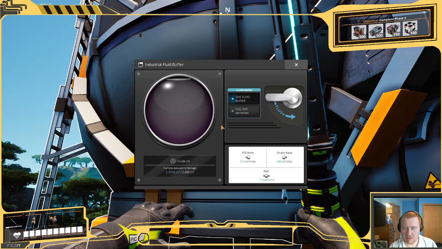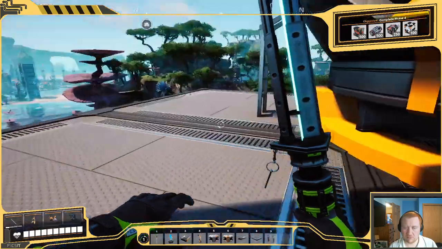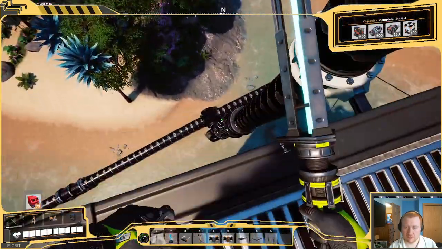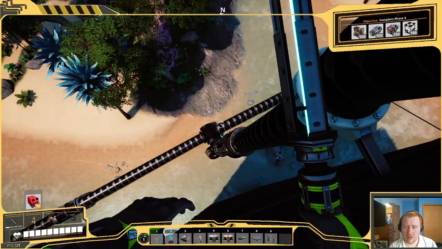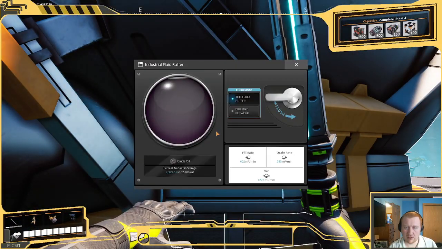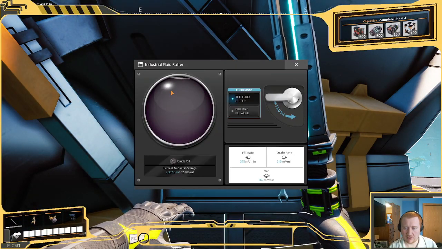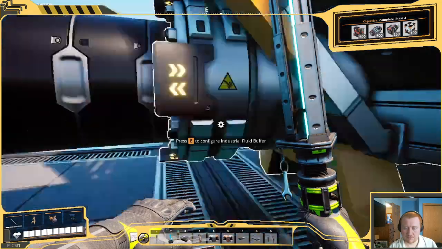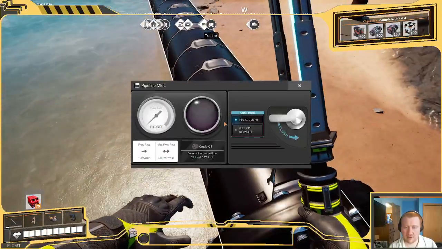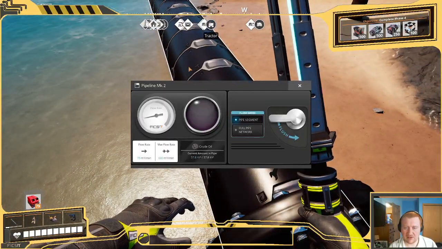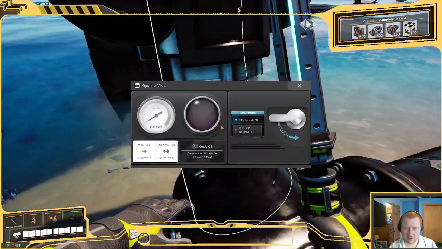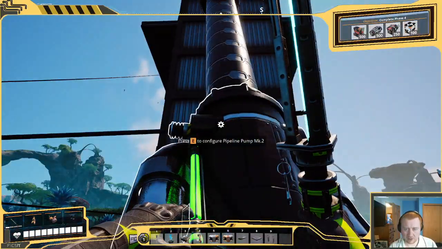Granted, the input may be able to match that expected output, but this will start to drain because I've got other systems that are asking for oil. That means that this will just decrease too, and then this has to work even harder to pump fluid up.